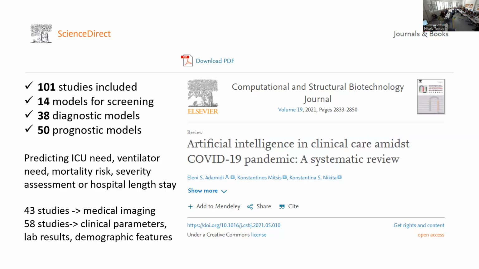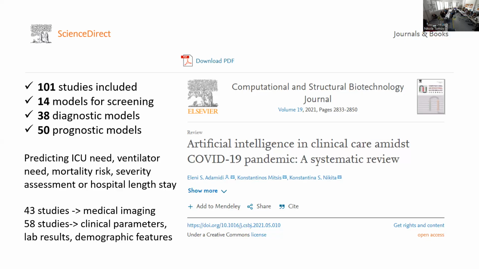So if you can predict if and when a person enters, you can also save days for the doctors to treat. Another thing was ventilator need, and mortality risk. They could calculate with the models who was going to die. Also severity assessment or hospital length of stay, which can be used outside the pandemic as well, of course.